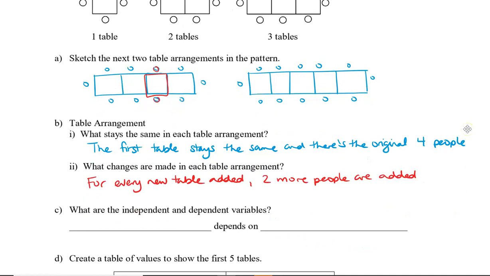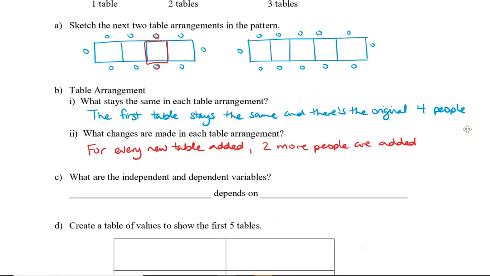So looking at the situation, what are the independent and the dependent variables? All right, so I've set up the sentence. So we can see that the number of people depends on the number of tables.